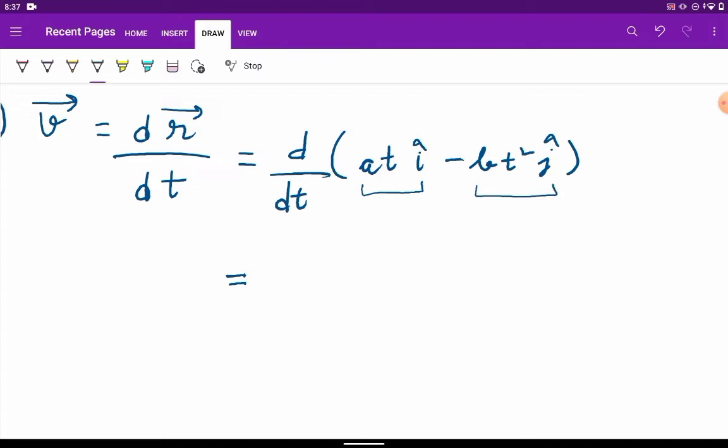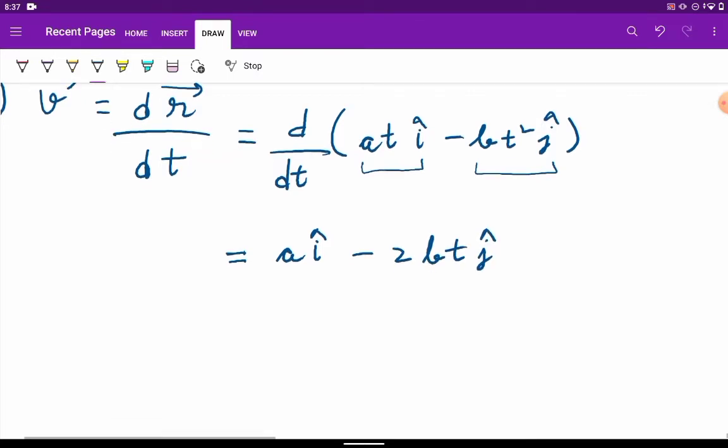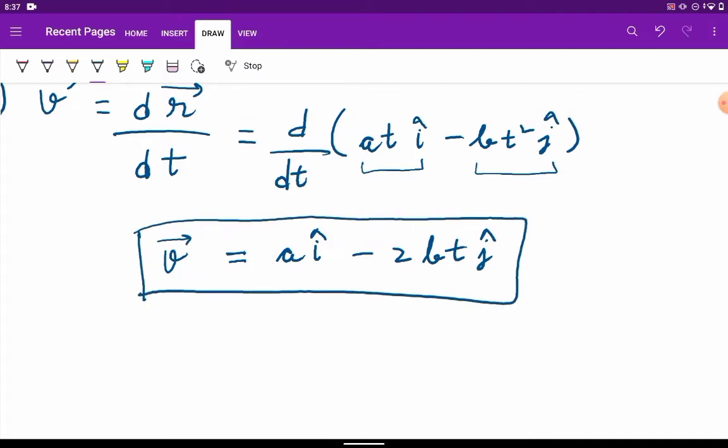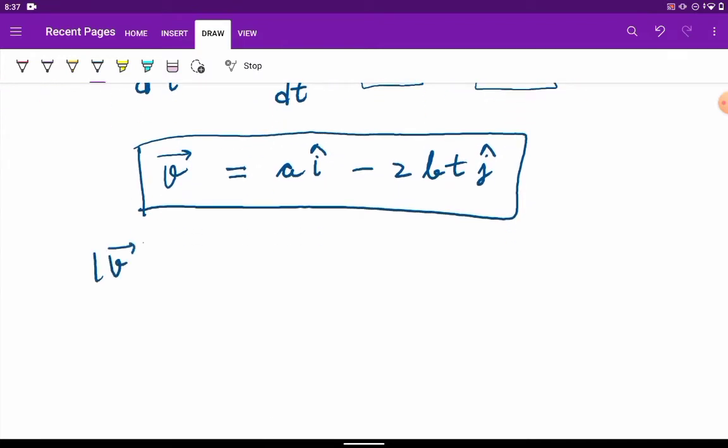We'll differentiate first this and then this. First term, if you differentiate, it becomes a i cap. Second term, if you differentiate with respect to t, it becomes 2bt j cap. This is your velocity vector v, and obviously the magnitude is very simple to find. Just need to do the square root of the summation of the squares of the x components and the y components, right? It's very simple.